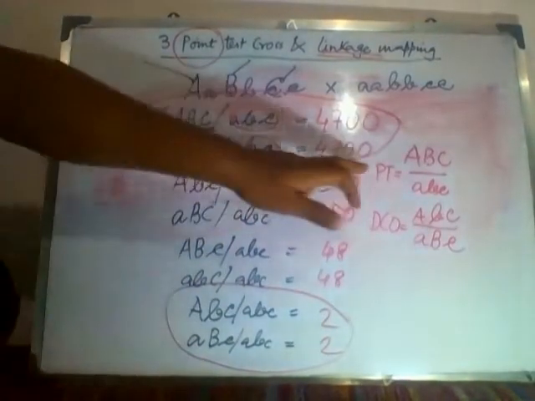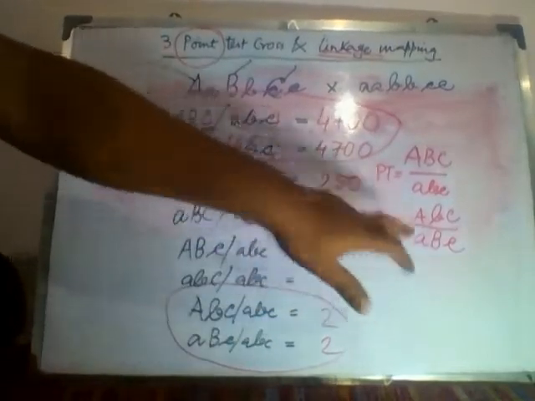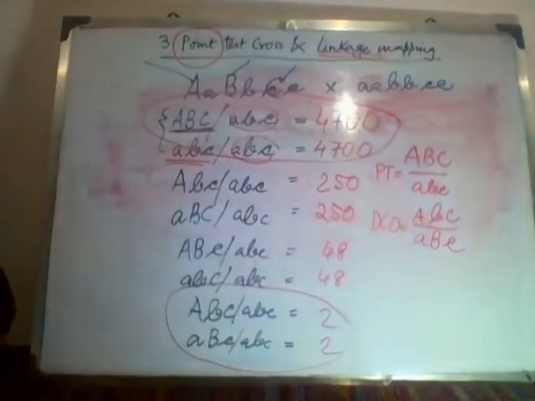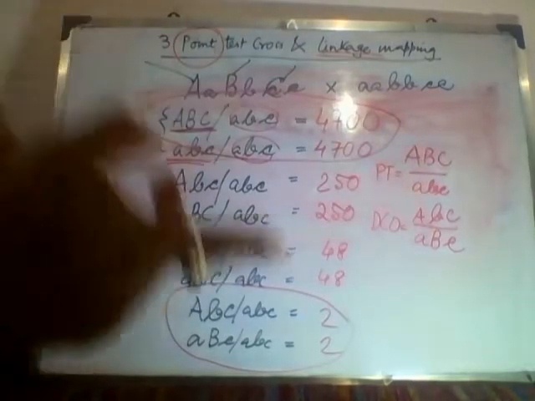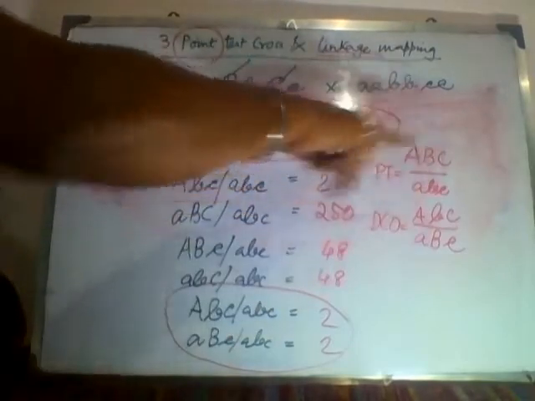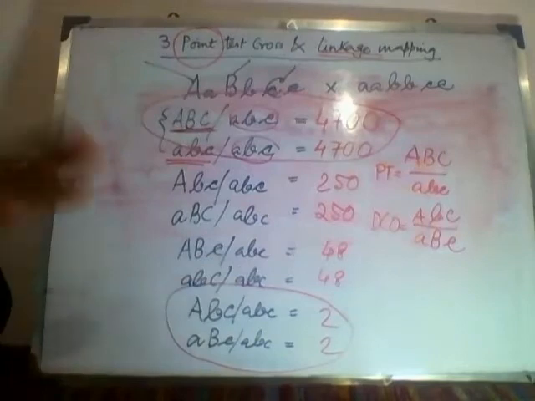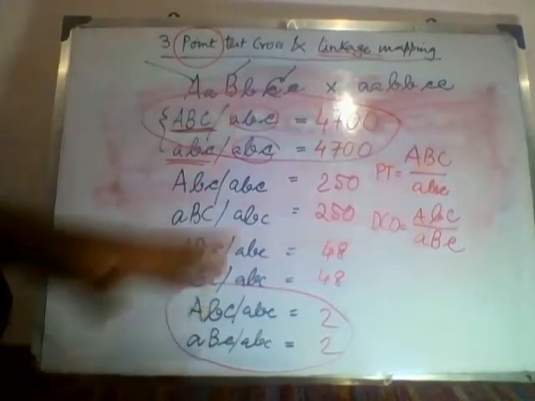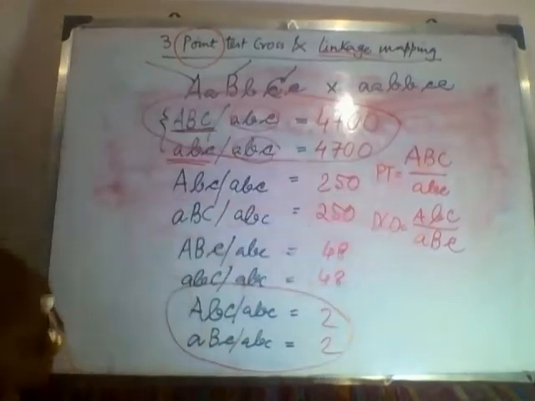Now have a very clear look at this parental type and double crossing over type. Just try to consider which gene, if it changes its position, if it is flipped, then you can get the DCO type. By flipping which gene from the parental type can you come to the DCO type? It's very easy.